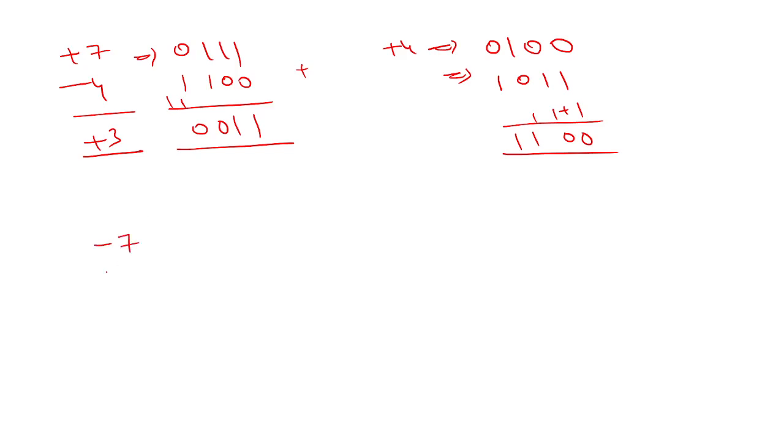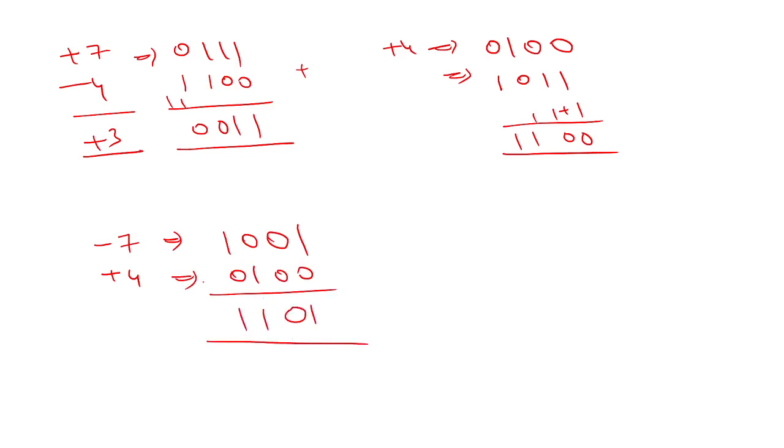Now minus 7 plus 4. How to do that? Minus 7, we already know the 2's complement representation. Plus 4 we know already, 0, 1, 0, 0. This is 1, 0, 1, 1. Now you look at this. In these two conditions, here C out is 1, output carry. Here C out is 0.